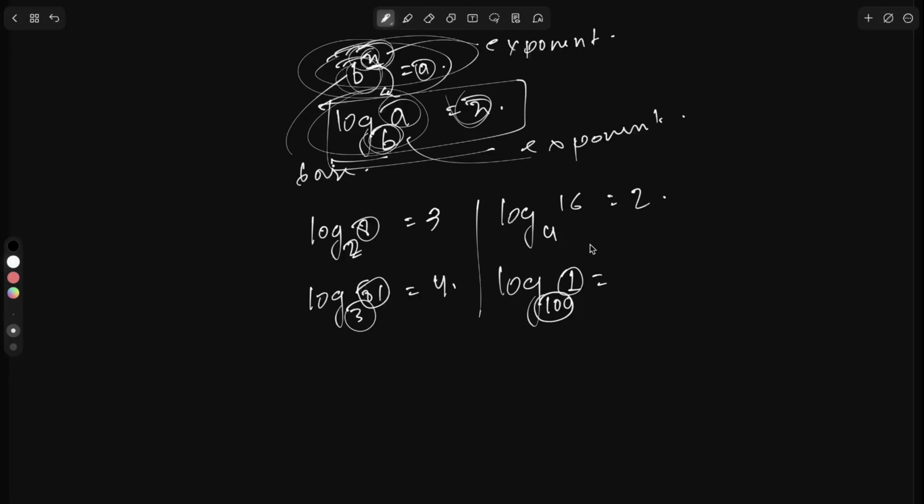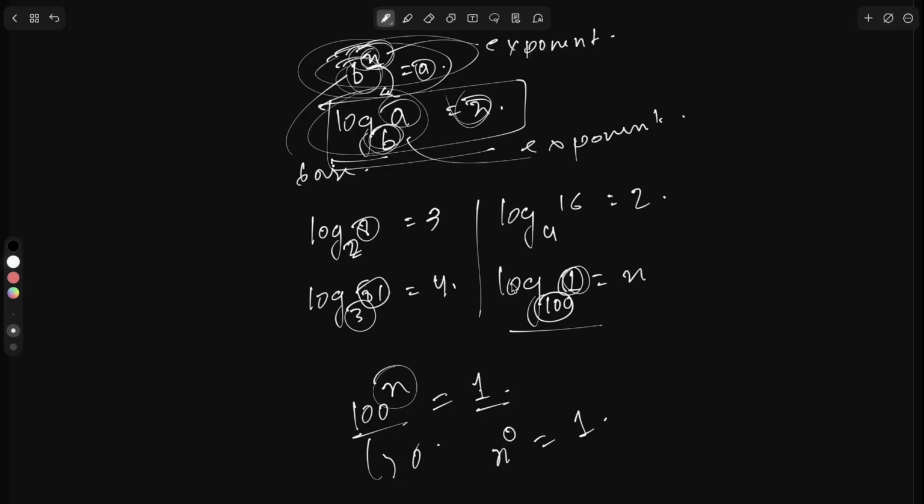To calculate this, let's write this in the form of an exponential equation. We can write that 100 raised to the power x equals 1. So to what power must this 100 be raised to get 1 out of it? As I know, the value of x should be 0, because if we raise any number to 0, we get 1 out of it, right?